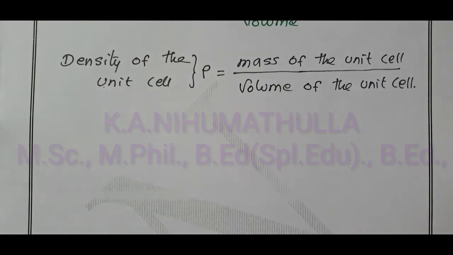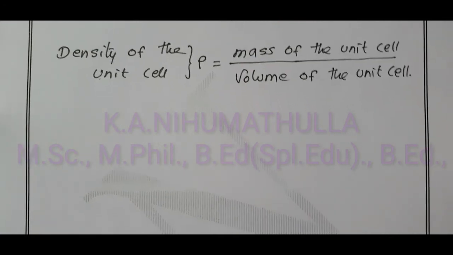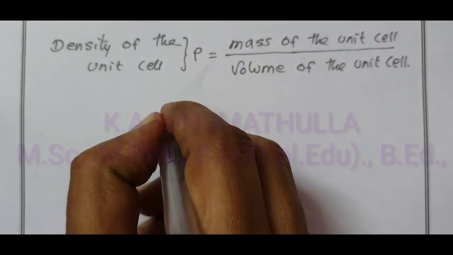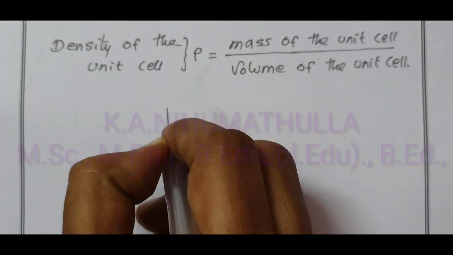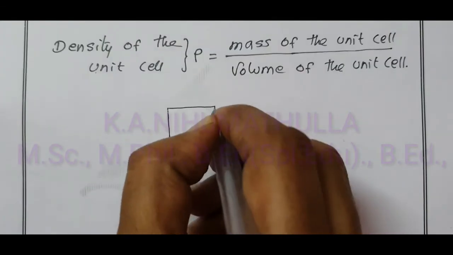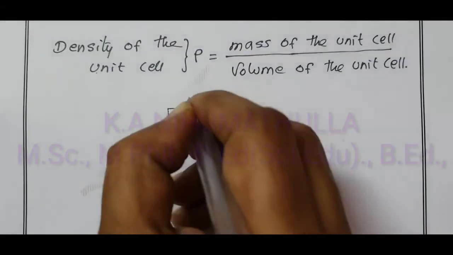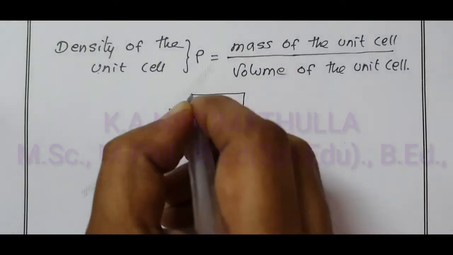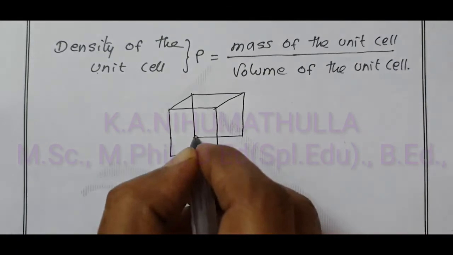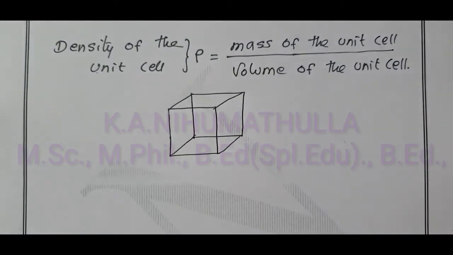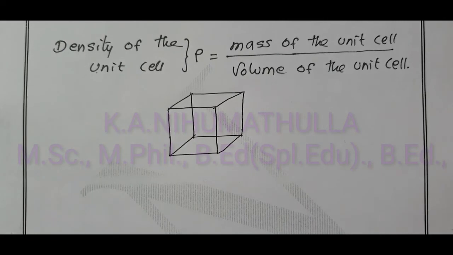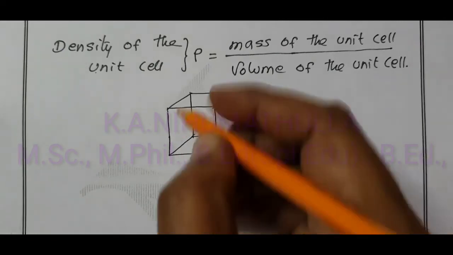From the edge length. We know our unit cell is a simple cubic unit cell. In a number of videos, we have discussed how to draw the unit cell and how to calculate the edge length. Remember, this is simple cubic. First, you have to know which one is the front square and which one is the back square.